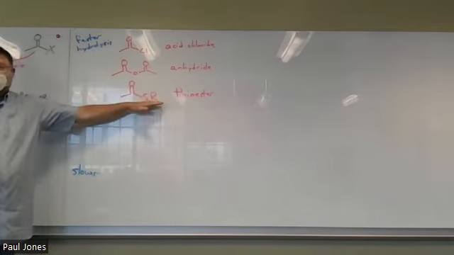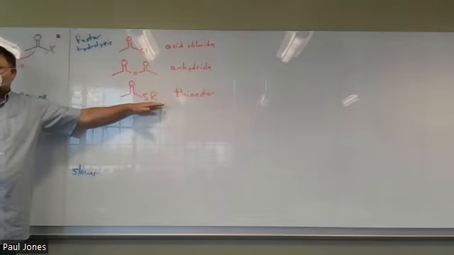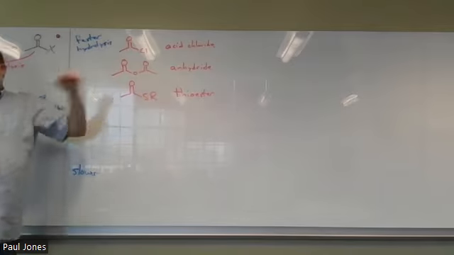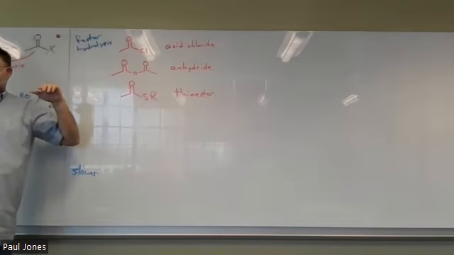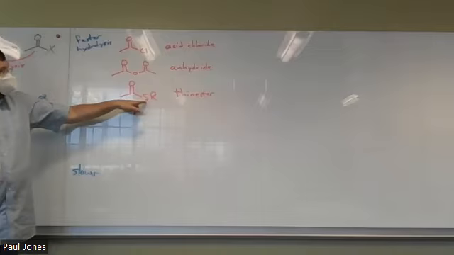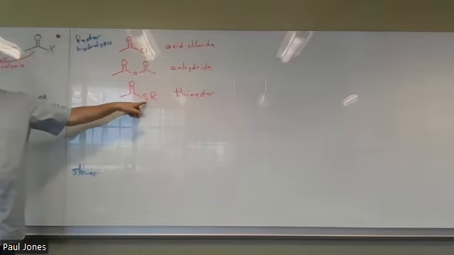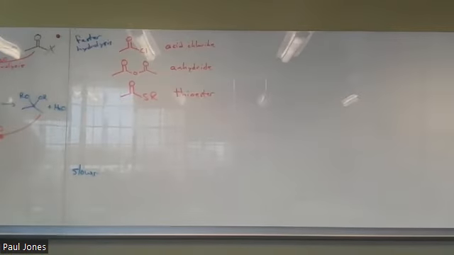So here, R cannot be H. R can be basically anything other than H. If it's H, it would be called a thioacid, and those also exist. We replace the O in an ester with an S, it's a thio. You're going to see this for a lot of sulfur names, where sulfur is right below oxygen. So we just sort of got lazy about naming things, and we're like, what's the oxygen name? Just put thio in front of it.